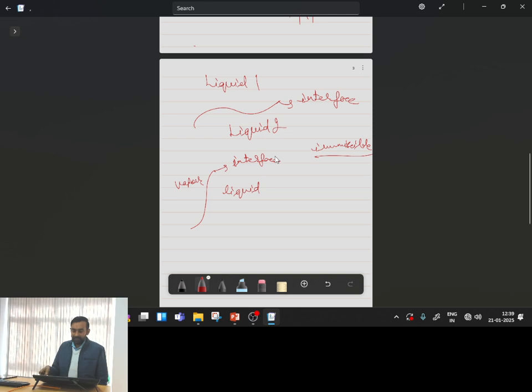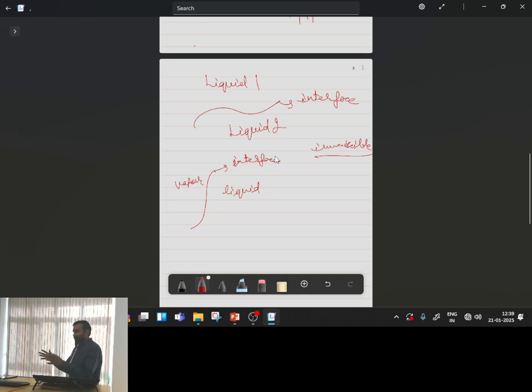Now one important point to note. Can you tell me, will this interface be a two-dimensional surface or a three-dimensional volume? Three-dimensional. Why? Because it's a fluid. The interface should be across the three dimensions, right?